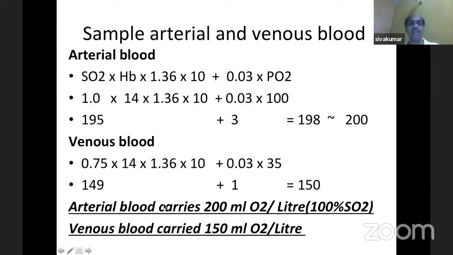So arterial blood carries 200 ml of oxygen per liter. If you take the venous, it is 0.75 into the same numbers, so roughly 150 ml of oxygen per liter. This is what is called oxygen content.